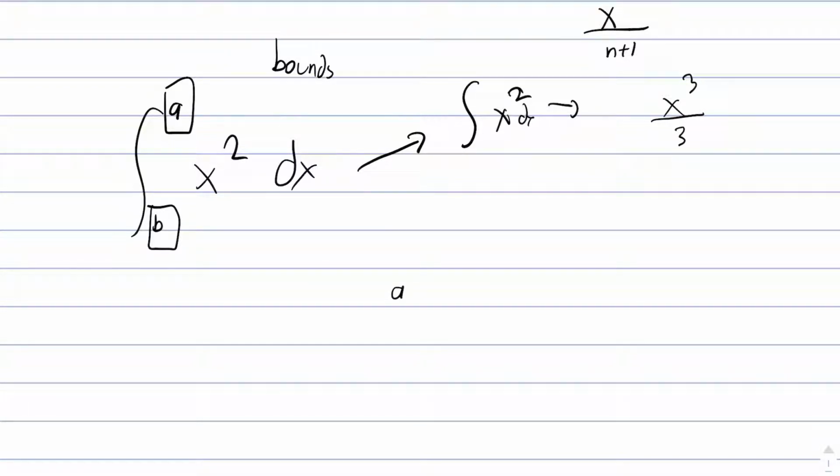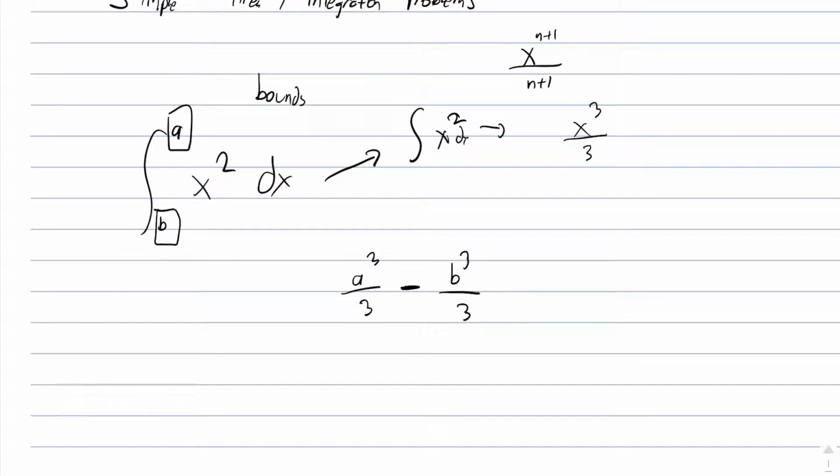Well, we're going to sub in a for x, a to the third over 3. Then we're going to subtract b subbed in for x over here. So it's going to end up being a to the third over 3 minus b to the third over 3. So you sub in a for the first one, you sub in b for the second one.